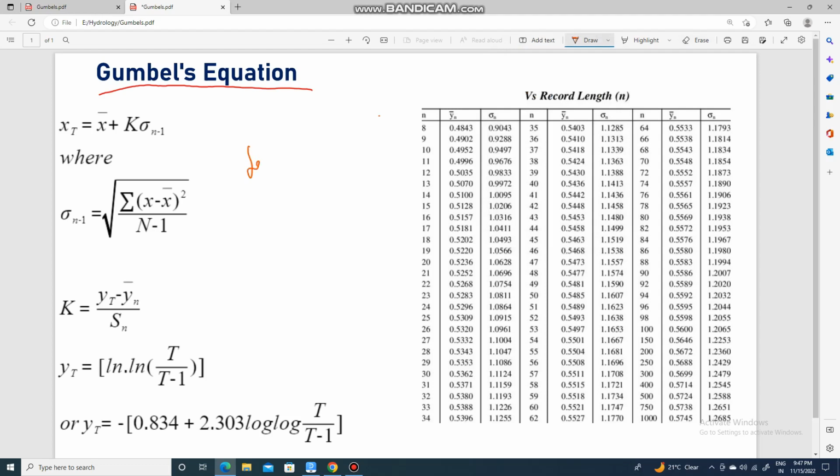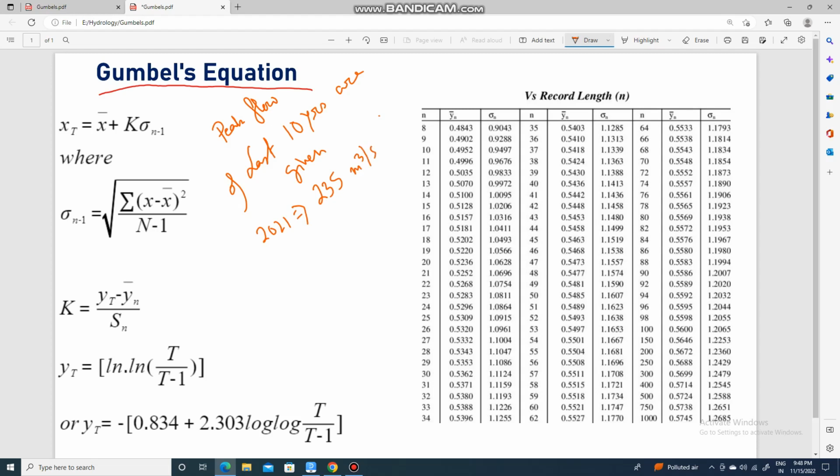Suppose the peak flows of the last 10 years are given. Say, for example, in the year 2021 the peak flow was 235 meter cube per second.